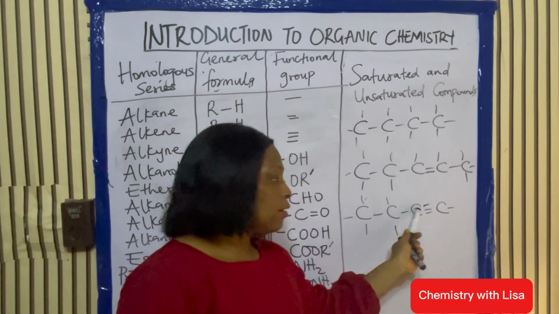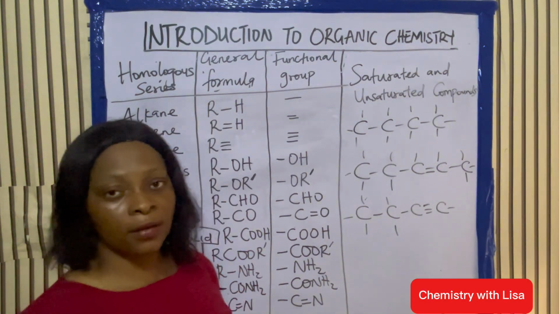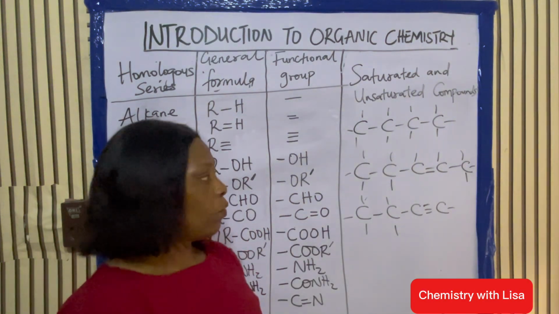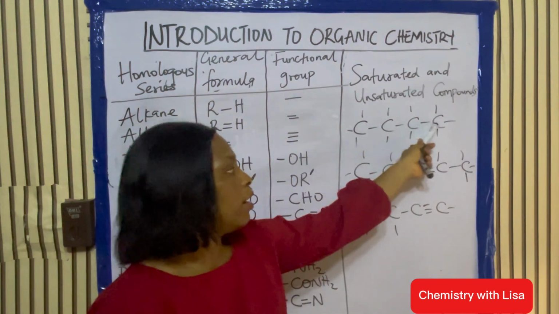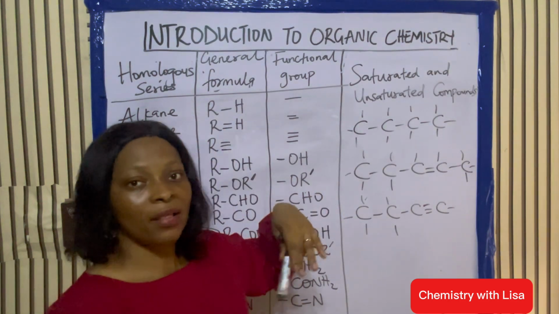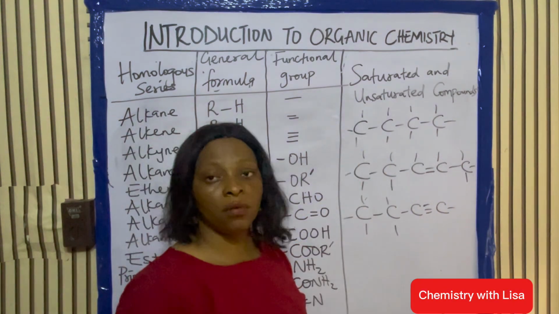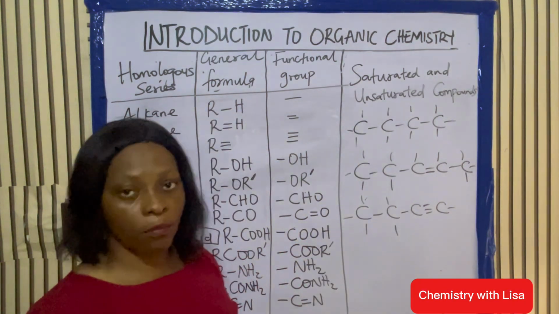So this and this are unsaturated hydrocarbons, but this one is saturated. So when it has a single covalent bond, it is saturated. When it has more than one, double or triple, it is an unsaturated organic compound.